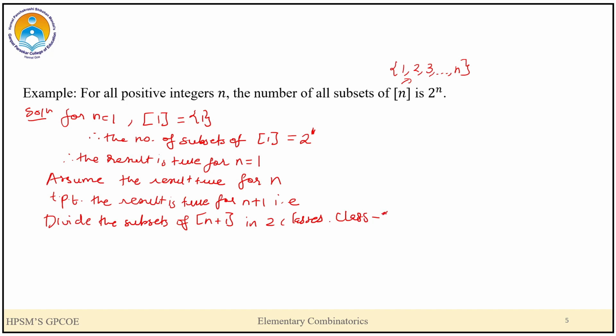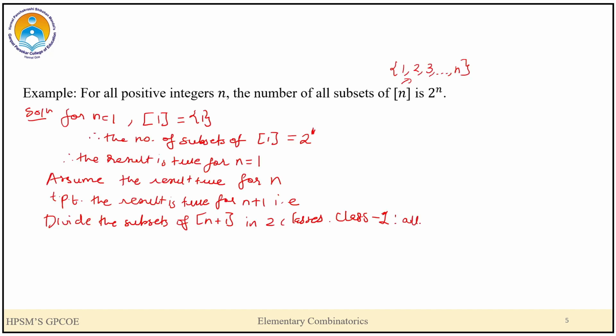Class 1: all the subsets that do not contain element n plus 1.